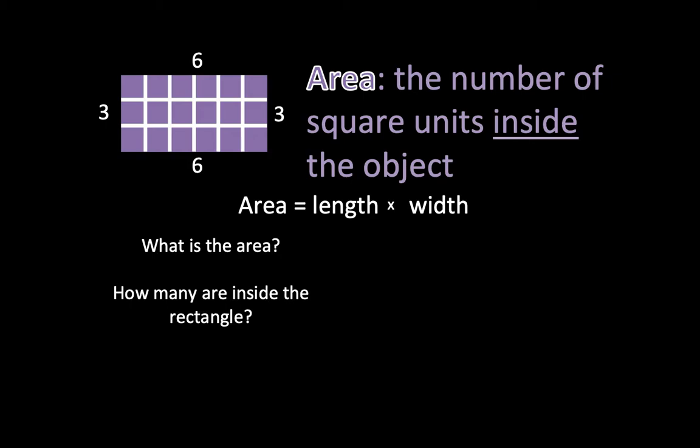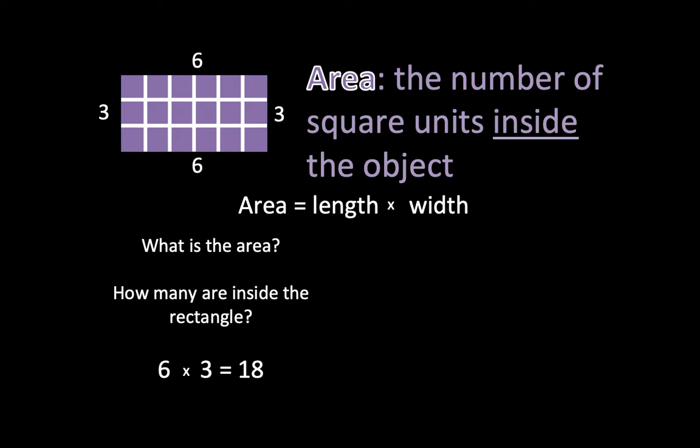When we're asked what is the area, what we're really asking is how many units are inside the rectangle? Well, the answer is 6 times 3. It's 6, 3 times. Could I just count it up? Yes. 1, 2, 3, 4, 5, 6, 7, 8, 9, 10, 11, 12, 13, 14, 15, 16, 17, 18. But it might be a lot easier to just multiply it. 6 times 3 is 18. I could do that by skip counting.